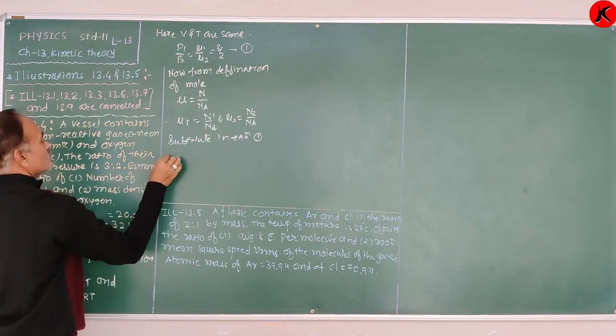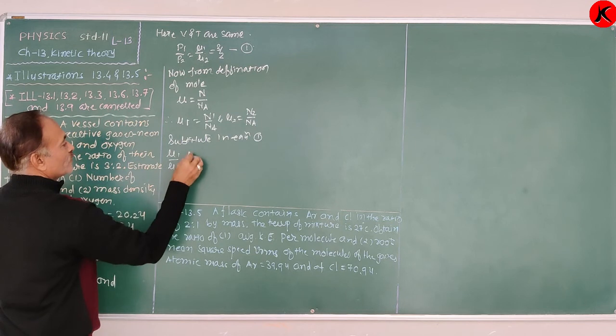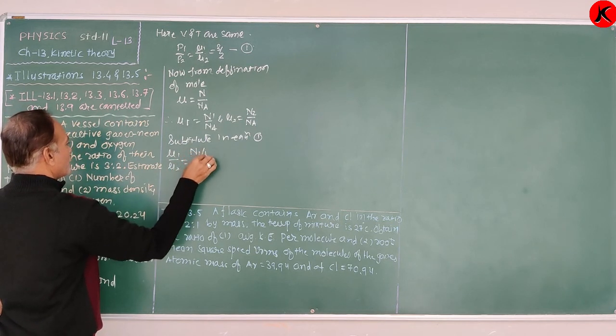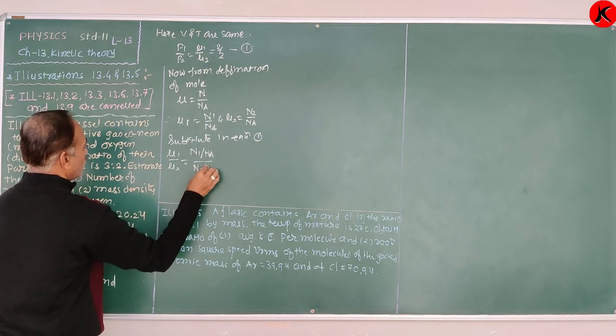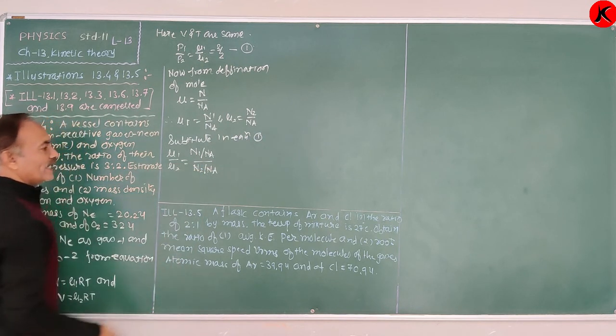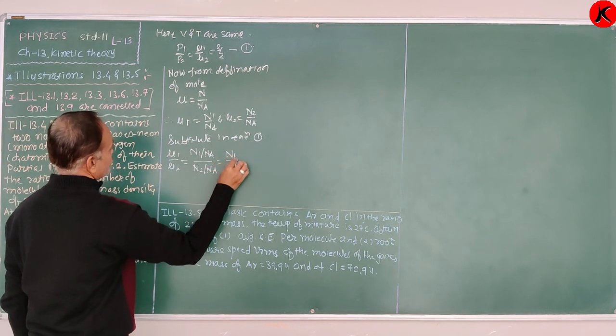We obtain mu1 upon mu2 equal to N1 upon N divided by N2 upon N. N cancels, therefore N1 upon N2.